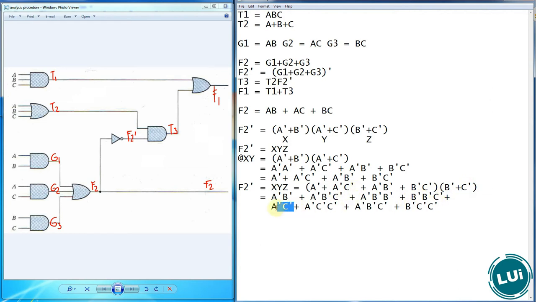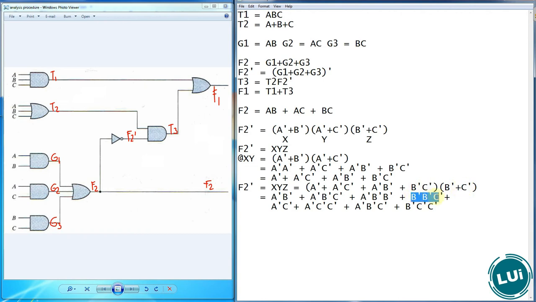A prime, C prime, B prime, and A prime, C prime, C prime. Next is A prime, B prime, B, and B prime, C prime, C prime.